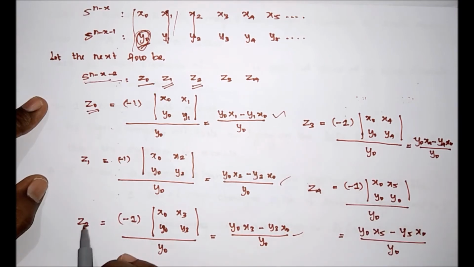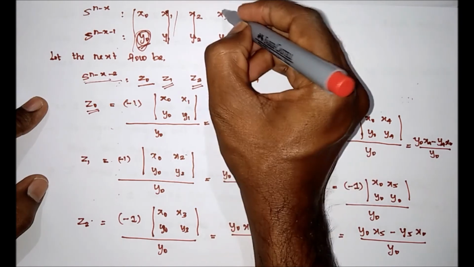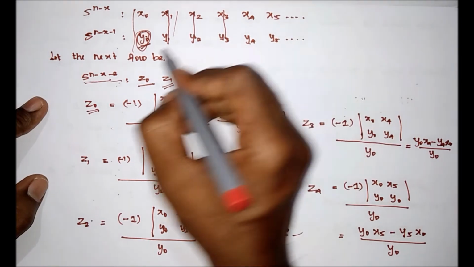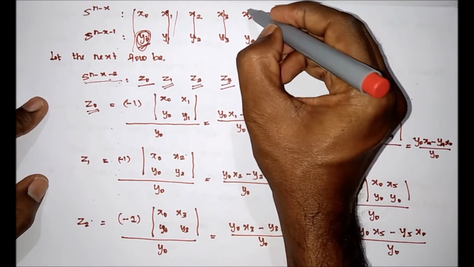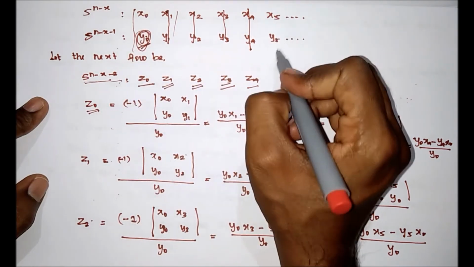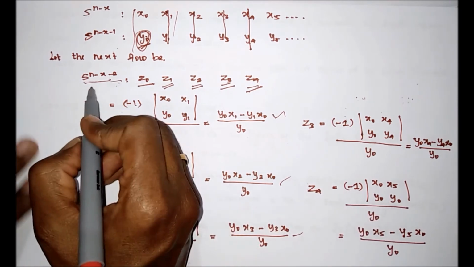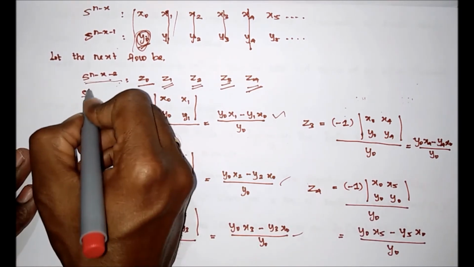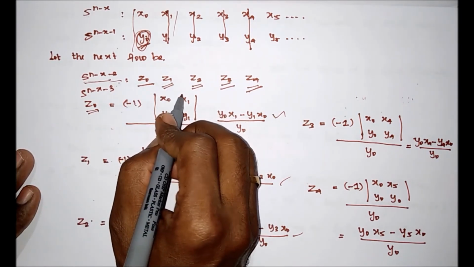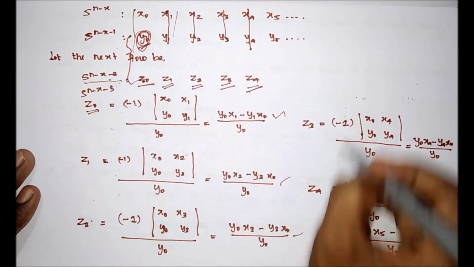We will calculate z3 next, so for z2 and next z3, we have to skip this and consider these two, then use the same formula. To calculate z4, we have to skip this, take the first column and last column, then we can calculate z4 by using the same formula. Next, suppose s power n minus 3, we have to use the same procedure, but we have to take this row and this row and repeat the same procedure.